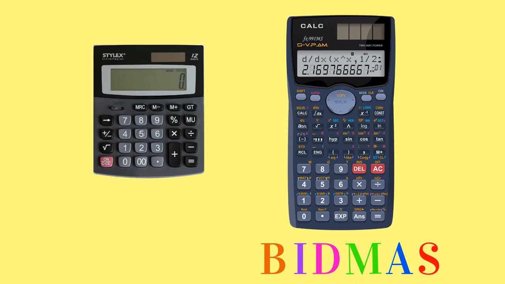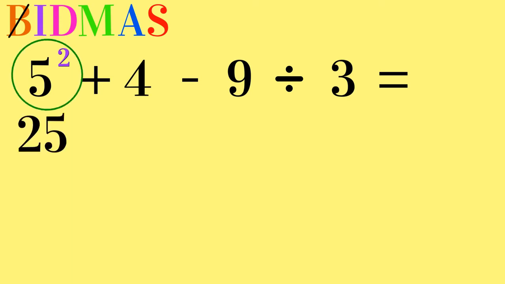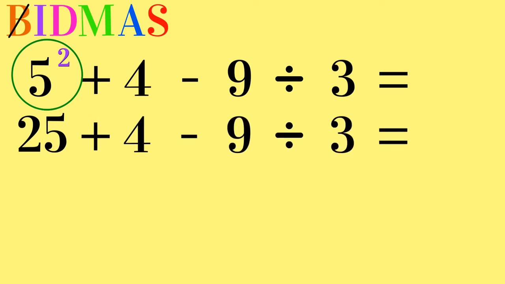Let's look at another example of using BIDMAS. 5 squared, add 4, subtract 9, divided by 3. In this calculation, we can see there are no brackets, but there is an indice to work out. 5 squared is 25, so now we have 25 add 4 subtract 9 divided by 3.